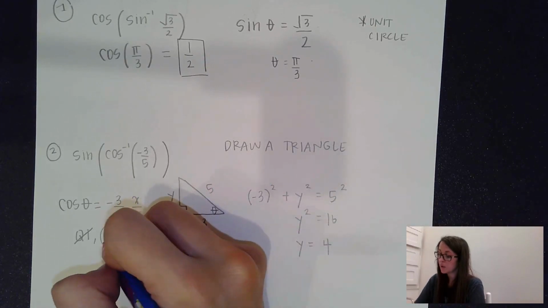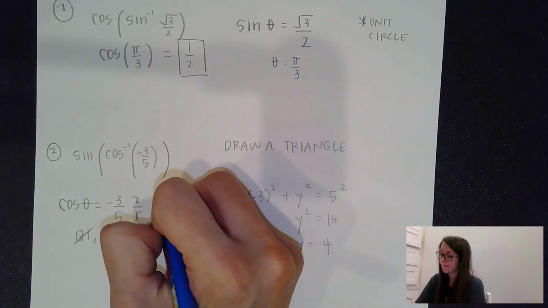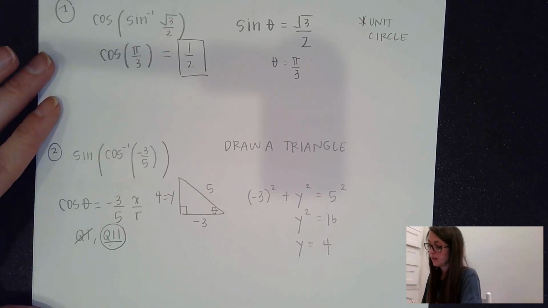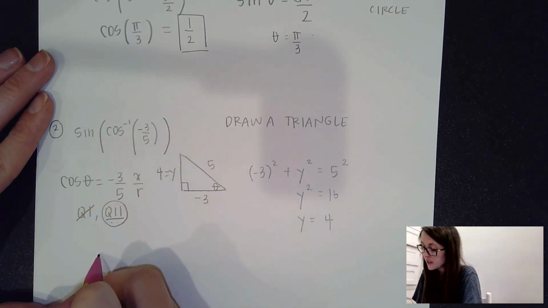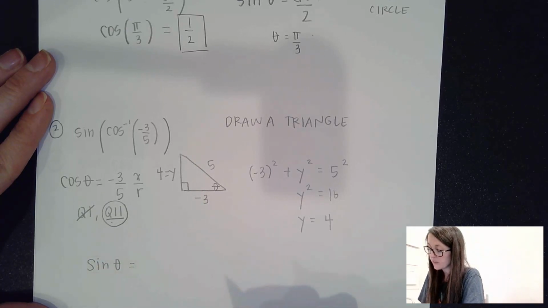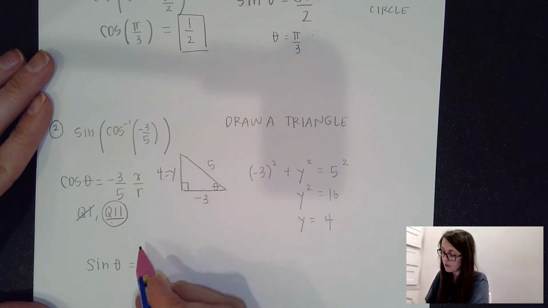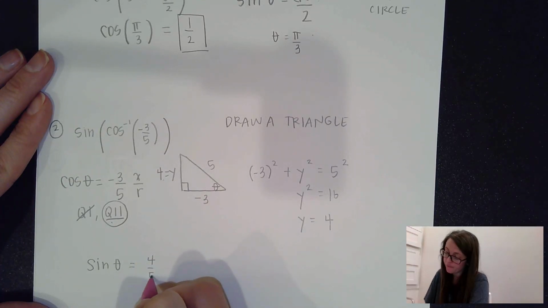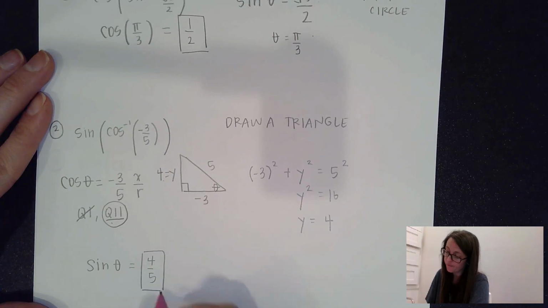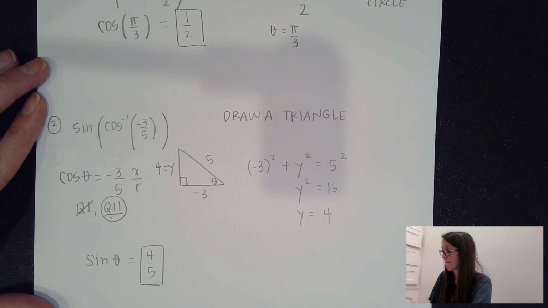And I'm in the second quadrant, so y is going to be positive in that second quadrant. Yes? Okay. So if I wanted to now find sine of theta here, sine of theta is going to be y over r, so it's going to be 4 over 5. Good deal?